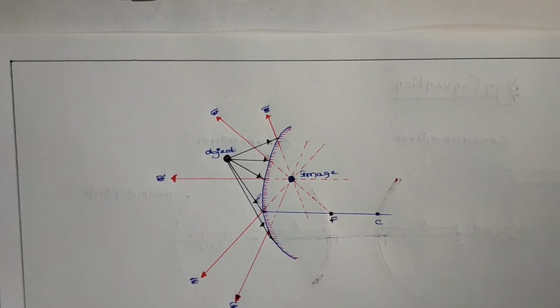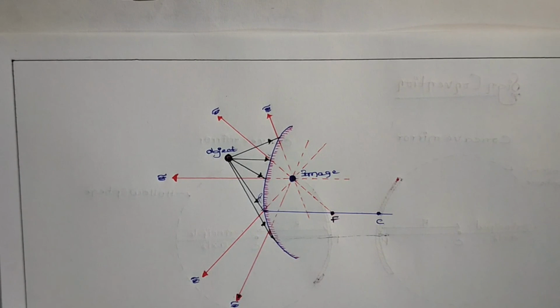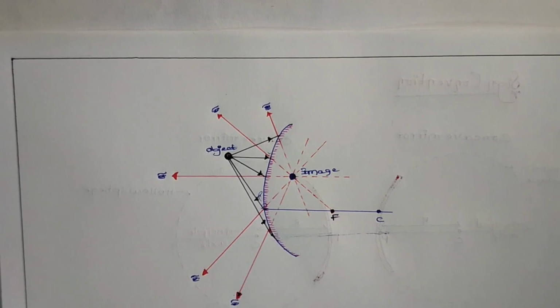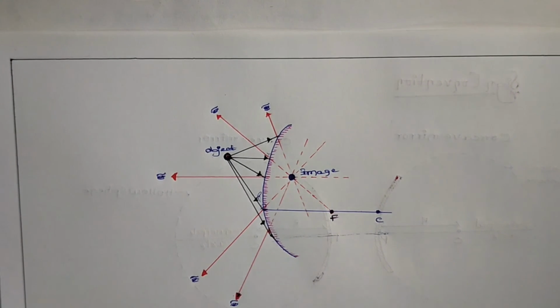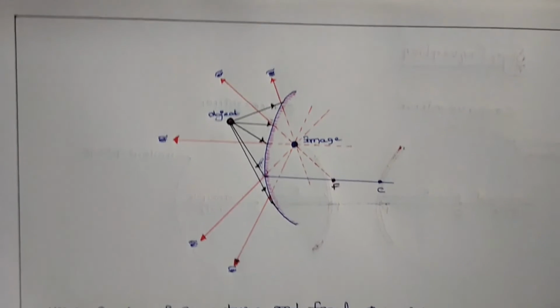We have some examples in daily life. For concave mirrors, I will tell you some examples. Shaving mirrors, makeup mirrors, and headlights are all examples of concave mirrors. Concave mirrors are also used by ENT specialists and dentists to see the inner parts of our mouth and ear.